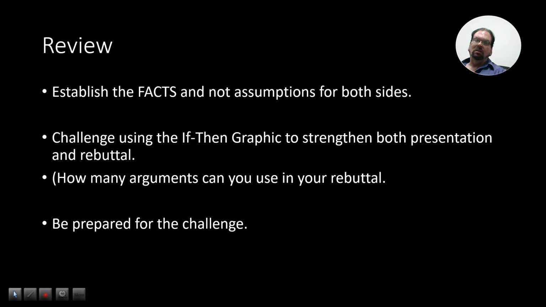Too many arguments makes you sound weak and not prepared, because most of the time those arguments can be put into one idea. They are just expansions of the idea. And so in discussion you can have that. But in rebuttal, stick to their point. Stick to the points they bring. If they bring more, you talk more. Stick to the point. Don't get distracted. Be prepared for the challenge.